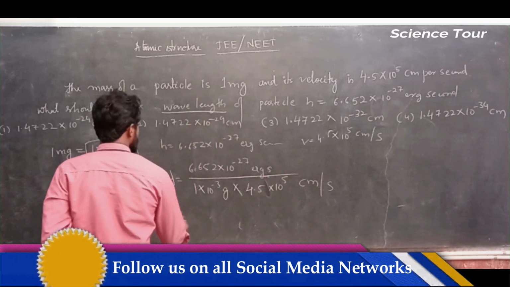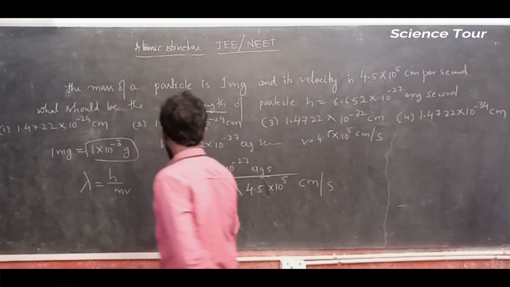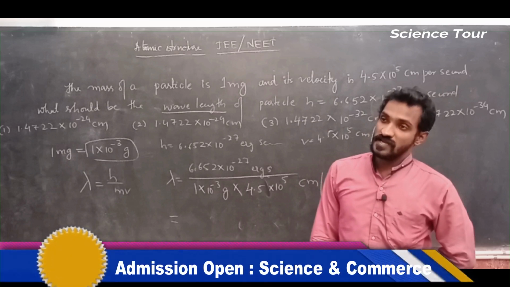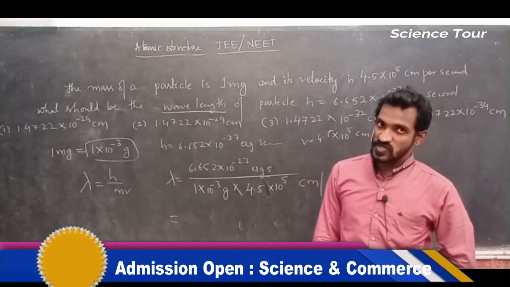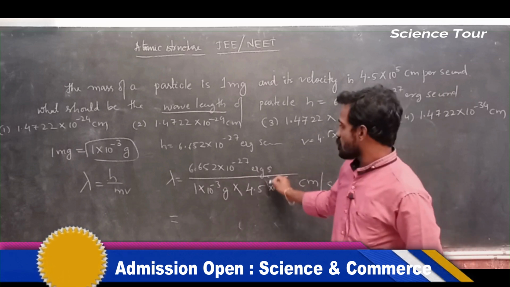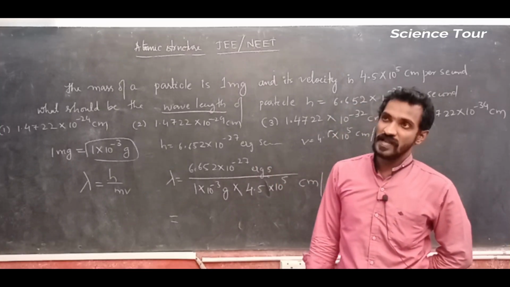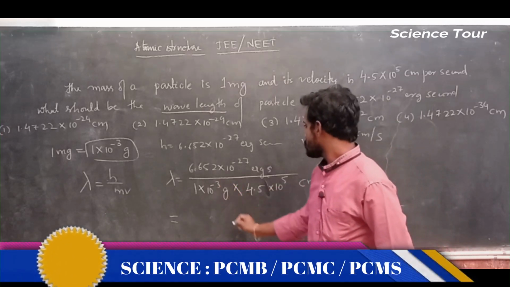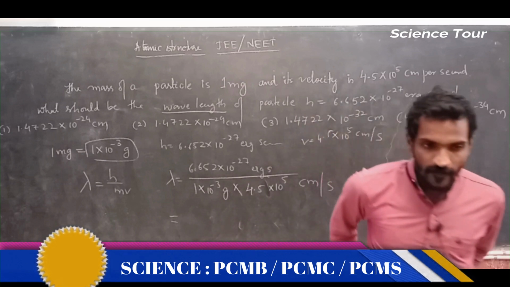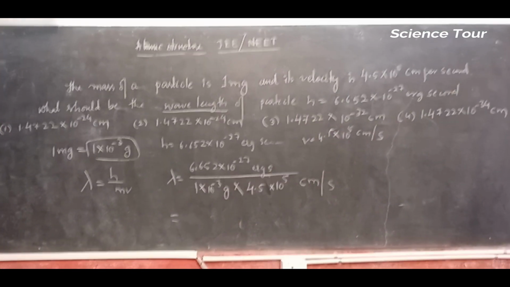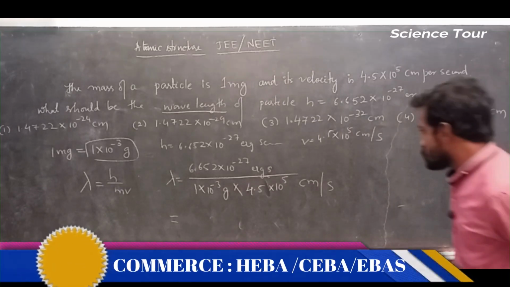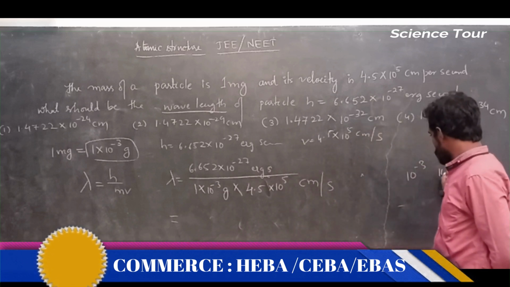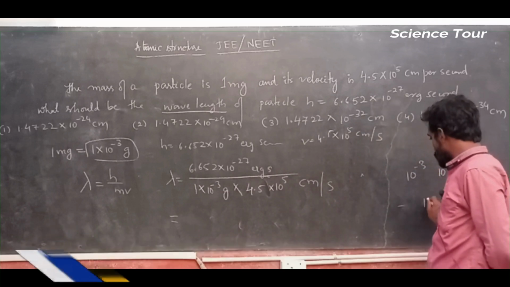Answer in centimeter. So my dear students, first you have to solve the 10 to the power part. Here 10 to the power minus 3 and 10 to the power 5 are there. 5 minus 3 is 2, 10 to the power 2.